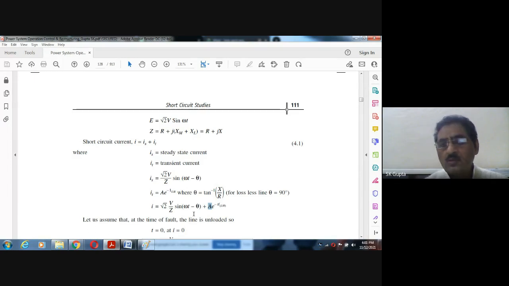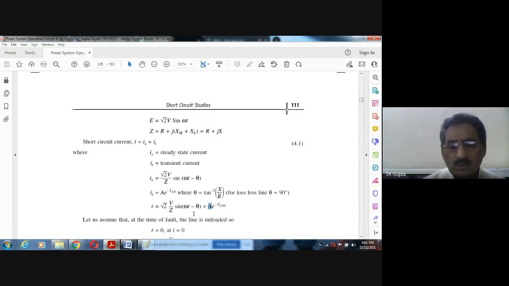What is the load current in any circuit? कोई भी नेटवर्क है, उसमें लोड करंट क्या होगा, कैसे पता लगाएंगे? लोड करंट can be calculated with the help of the load flow study. If you perform the load flow study, we can know what is the current flowing in each component.